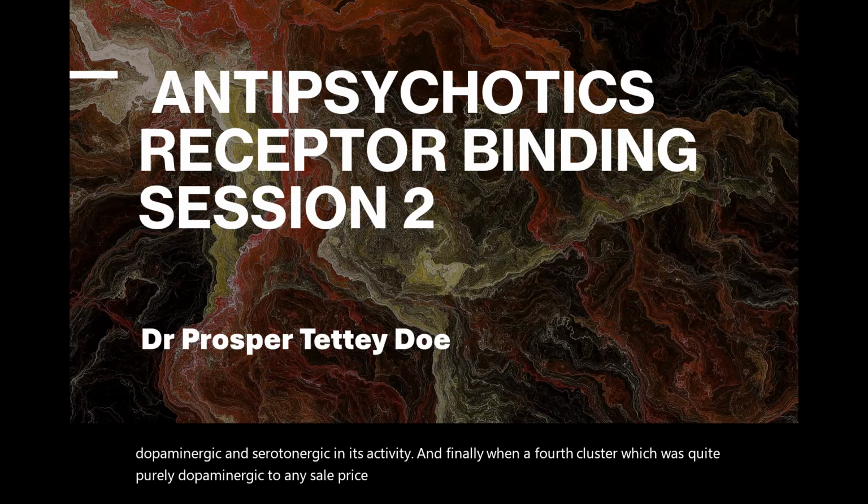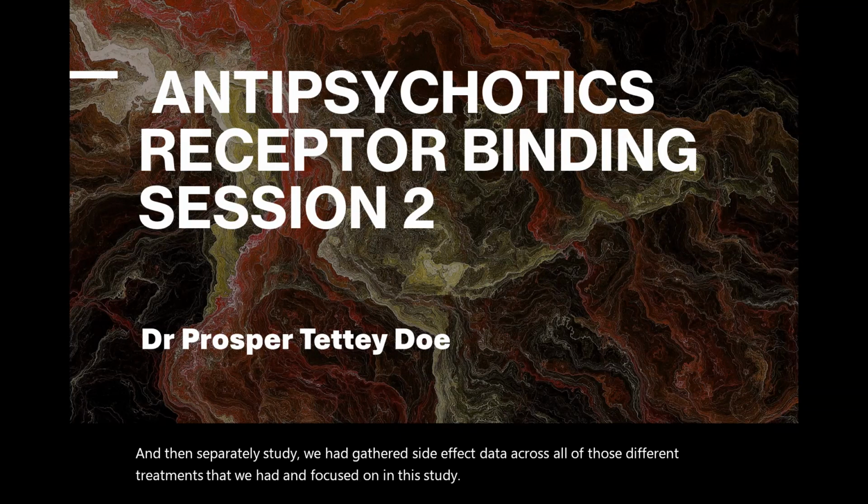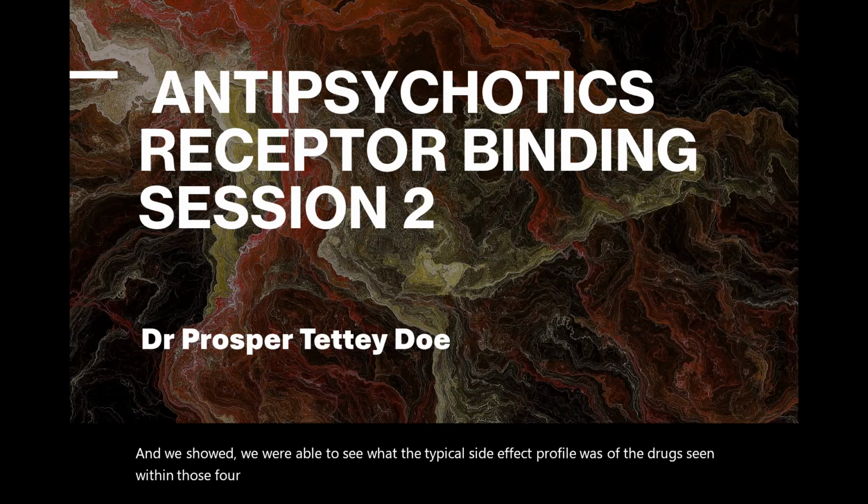And then, separate to this study, we had gathered side effect data across all of those different treatments that we had focused on in this study. And we were able to see what the typical side effect profile was of the drugs seen within those four clusters. And that's shown in this diagram here.